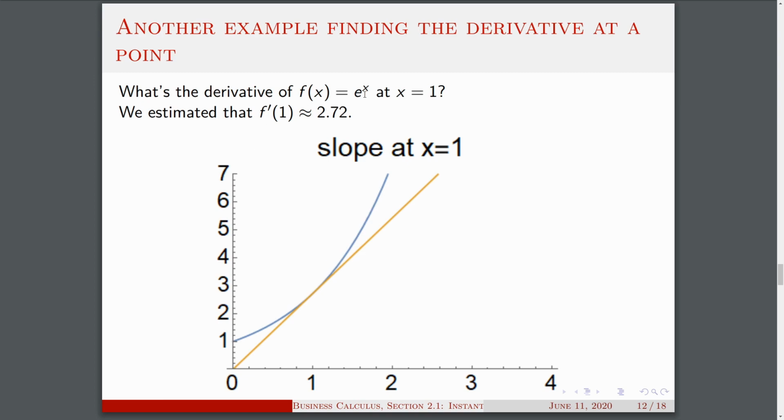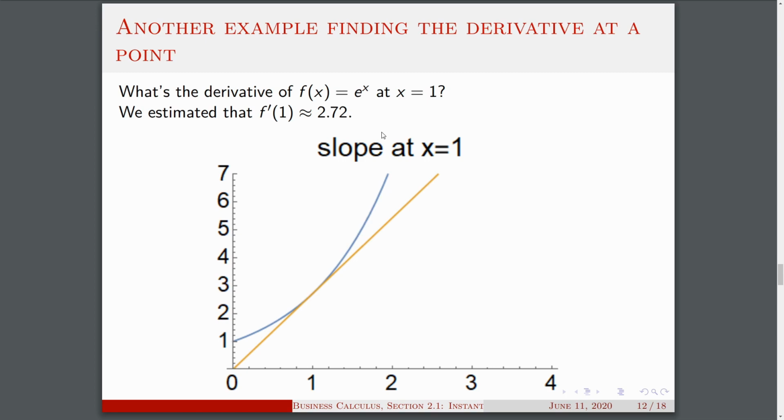Okay, so what we just did was we found the slope of the function f of x equals e to the x at x equals 1. So here's this function e to the x, this blue curve here, and if we were to make the tangent line, the line that only passes through one point, it just grazes the curve at x equals 1, and we were to find the slope of that line, then that's what we would get, the 2.72, the number that we calculated.